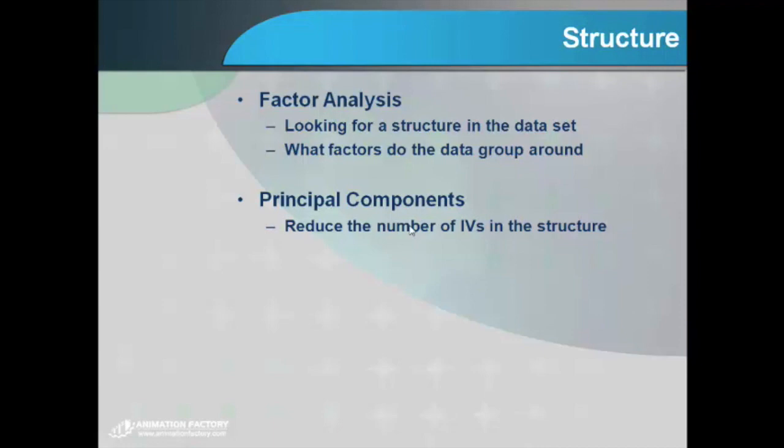Here we have a lot of independent variables, and we're trying to reduce the number of those so we can see how they group together, so that we can come up with fewer categories rather than the many independent ones. So those are the aspects of multivariate analysis that we'll be looking into in our study in the coming days.